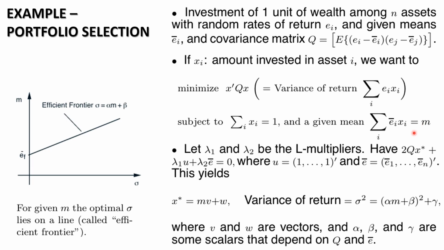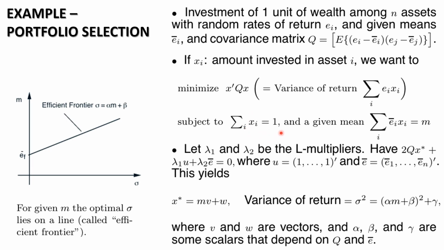So in this optimization problem, we want to minimize risk, the variance of return, that is, minimize x transpose Q x subject to the sum of x_i equal to 1.